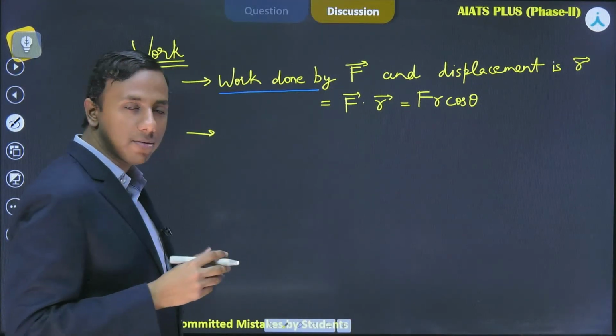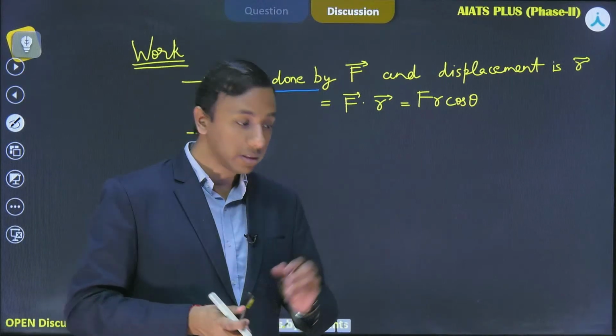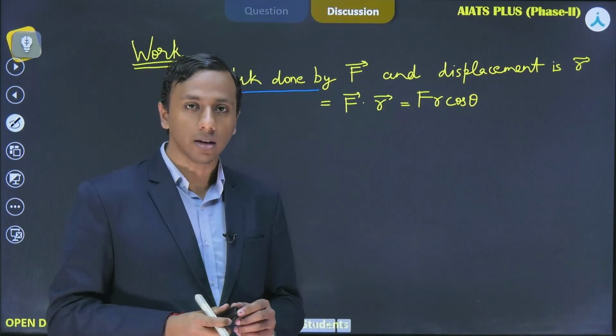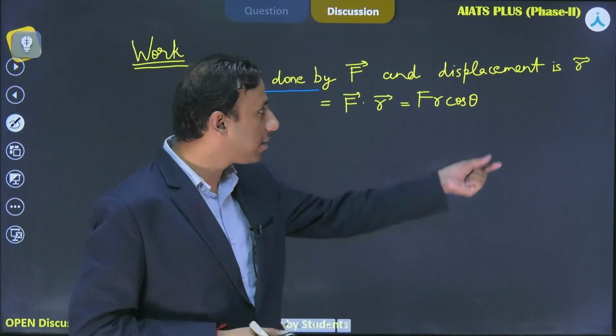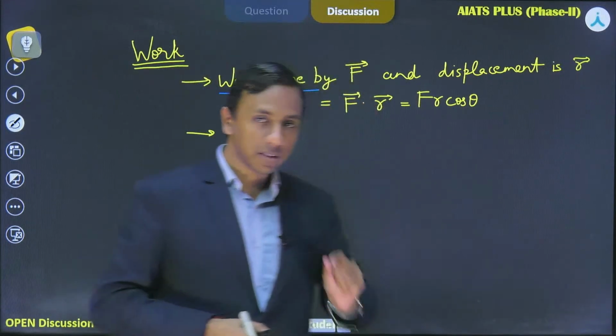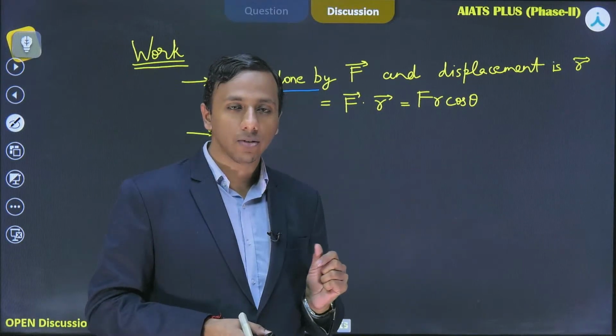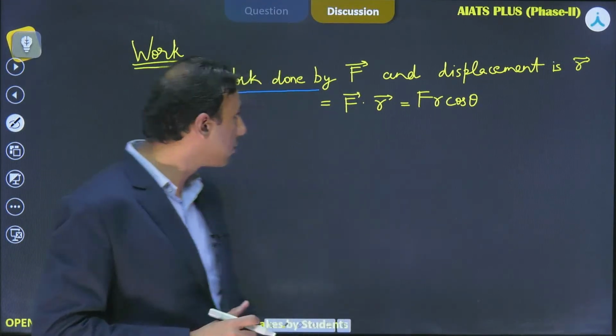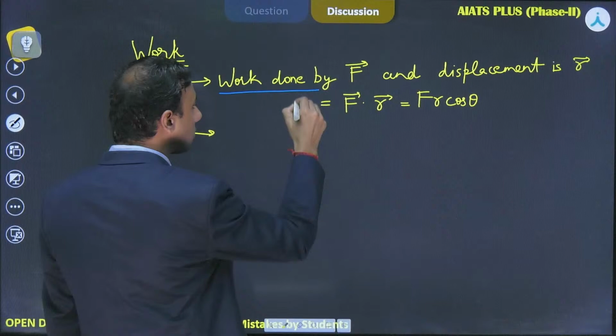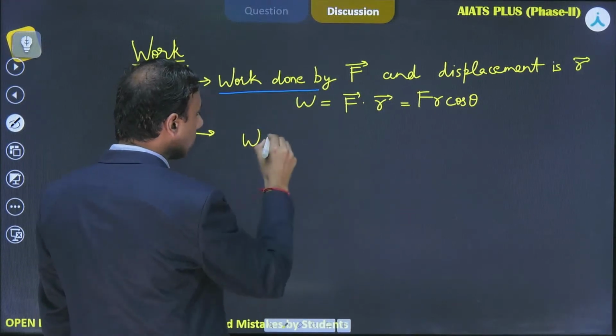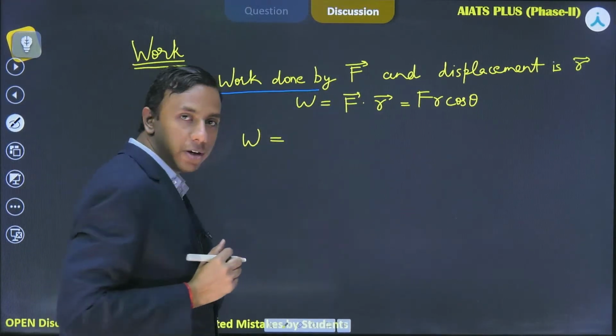Then let's say the force is varying with each displacement, right? So let's say it is undergoing a displacement r vector, but with each infinitesimal step, the force is varying. So in that case, how can we find the work done? In that case, we can write work done as not directly F into R, right?